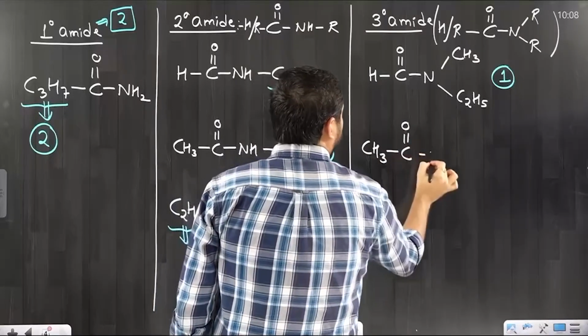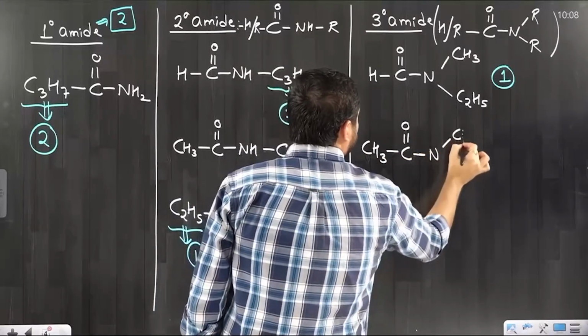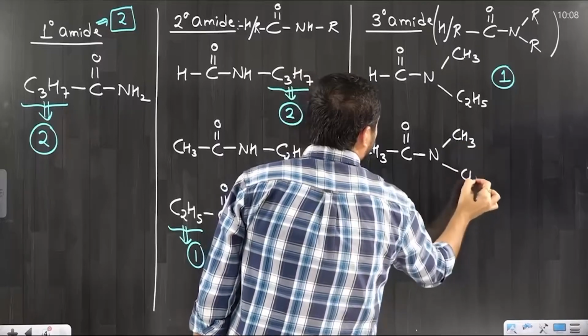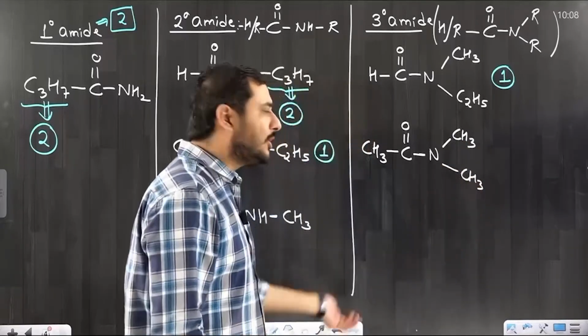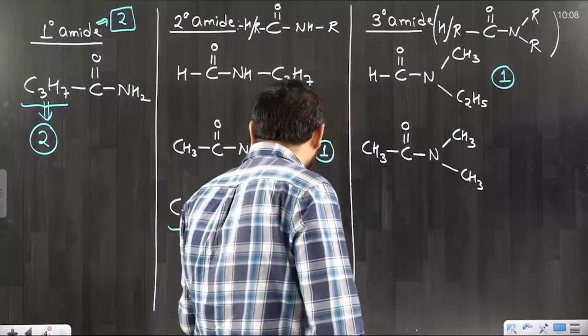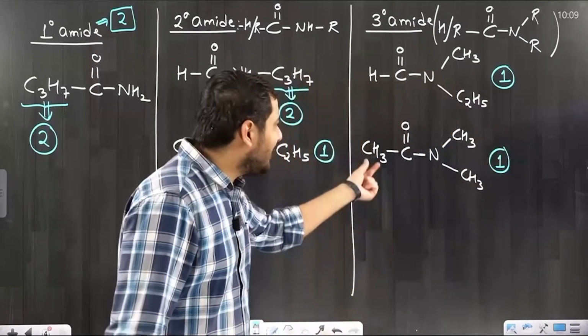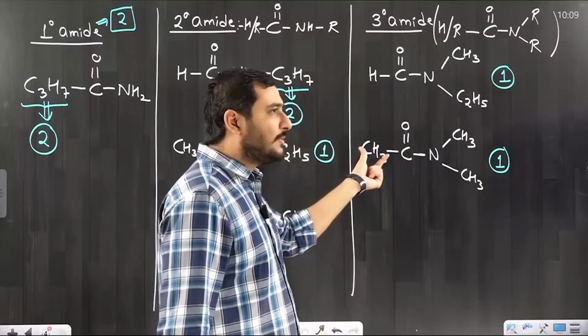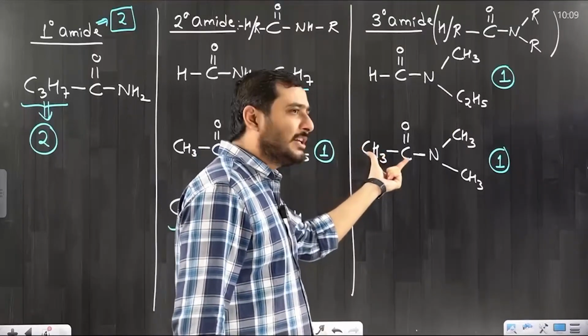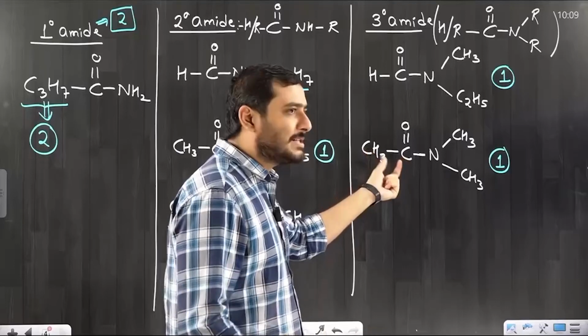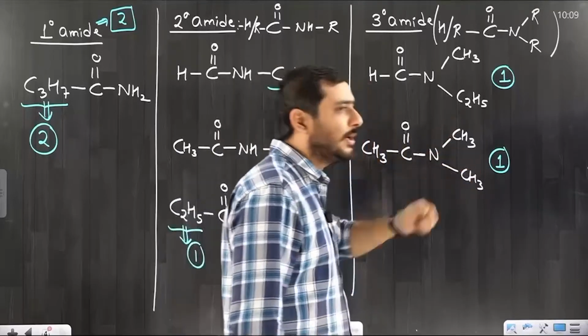Next, if I write here CH3, C double bond O, N. Here what is present? CH3. Here also what is left? CH3. Because total 4 carbon atoms: 1, 2, 3, 4. So 1 structure is possible. Now we cannot write here C2H5, because if you write C2H5, then total 3 carbon atoms are present, so only one is left. But how many alkyl groups do we need? 2 alkyl groups.